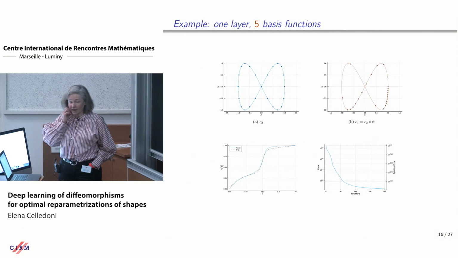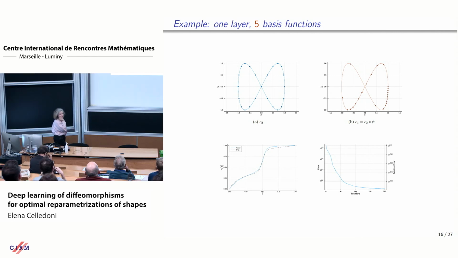Okay, here is one example. This is a simple example. I have two curves. One is a reparametrization of the other, and you can see that from the way these dots are distributed on the curves. In the first curve, they are sort of equidistributed. In the second curve, I've reparametrized it, and the dots are distributed differently. So what I have to do in this experiment is simply to reproduce the reparametrization of these two curves.